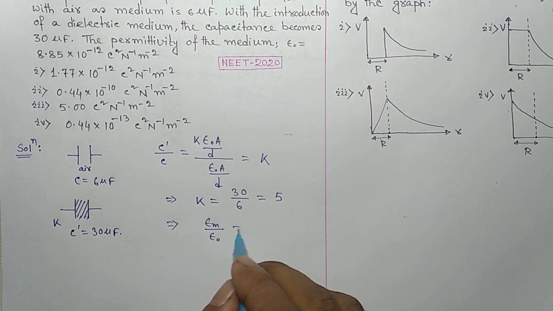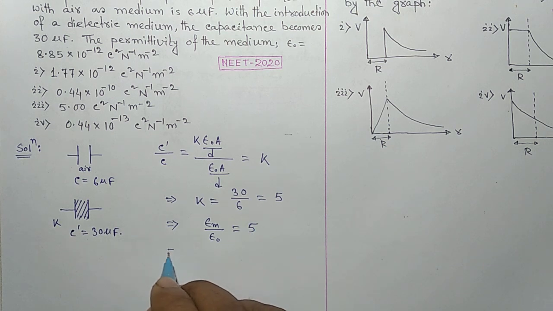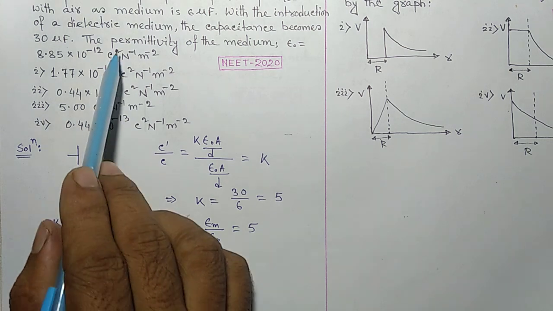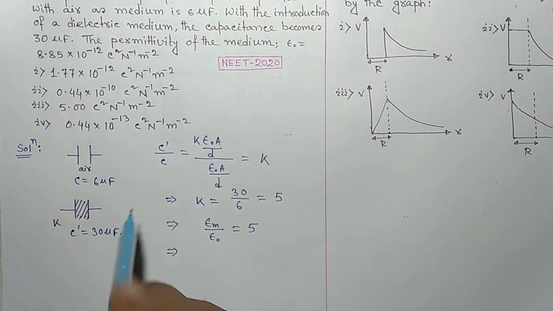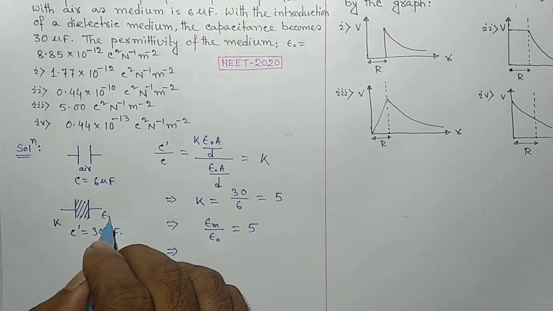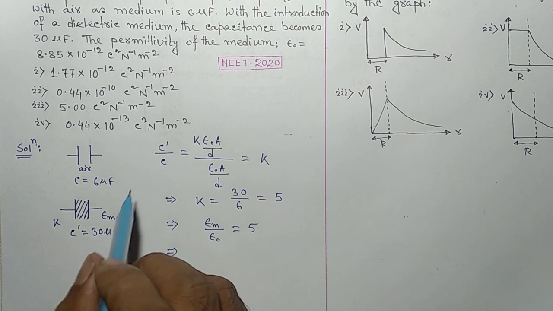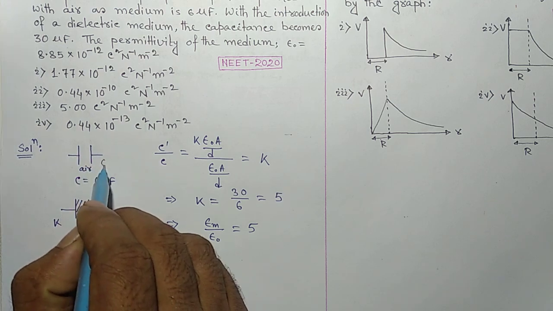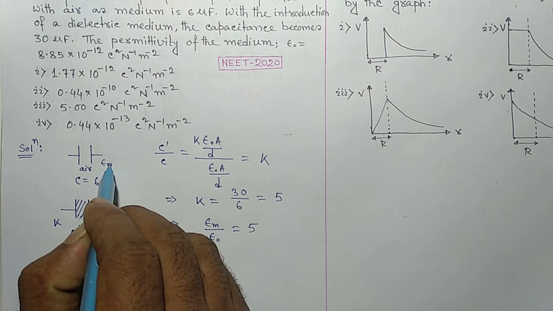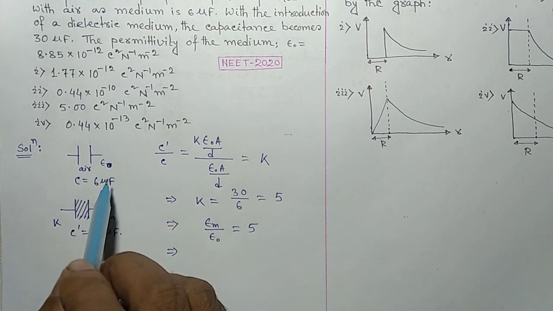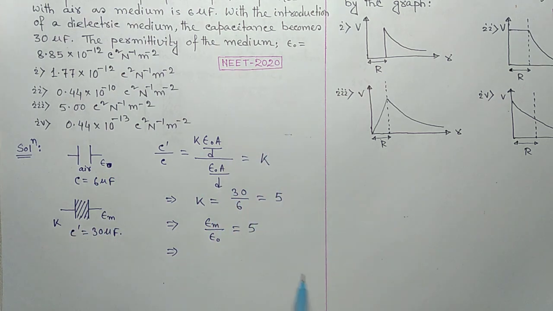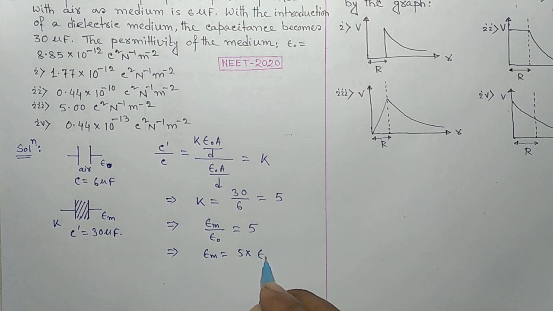Now we have to find out the permittivity of the medium, epsilon m. When it is air, the permittivity is epsilon naught, which is also given here. Now epsilon m is equal to 5 into epsilon naught.